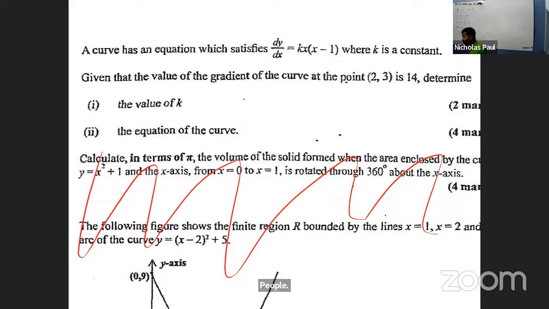Take your time, put together what you remember. And I told you, what does dy/dx represent again? The gradient, right? All right, let's try this. If you get k, you can message the answer. The problem here is that we have to get k first before we integrate.